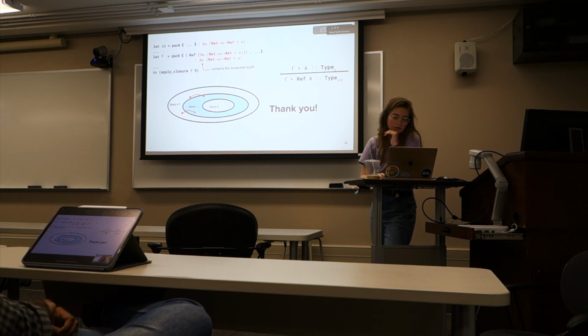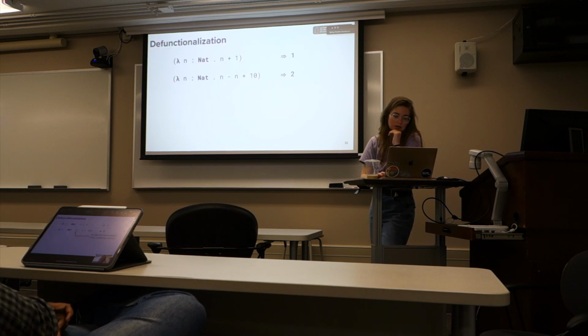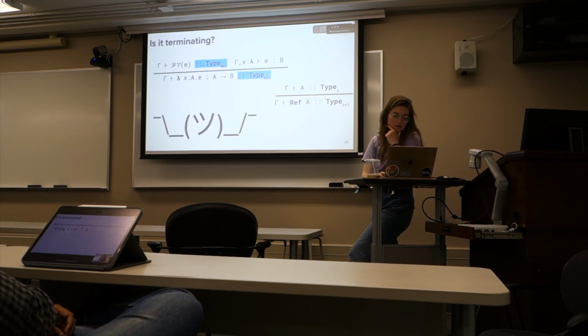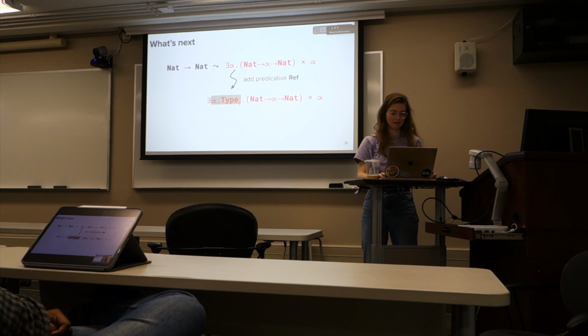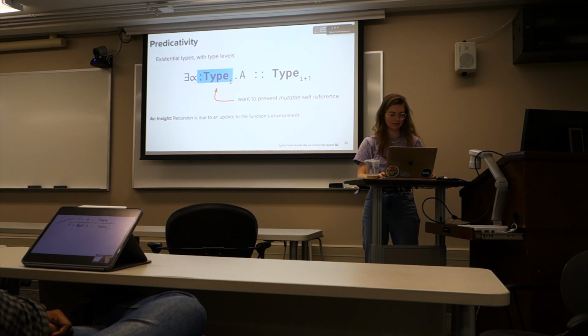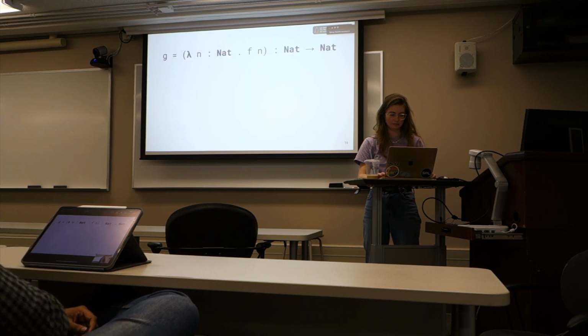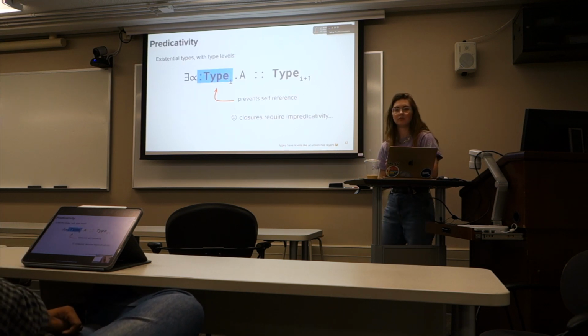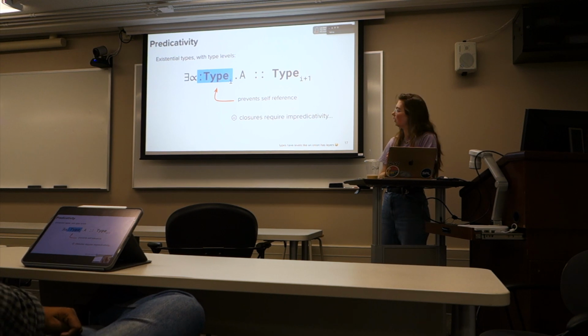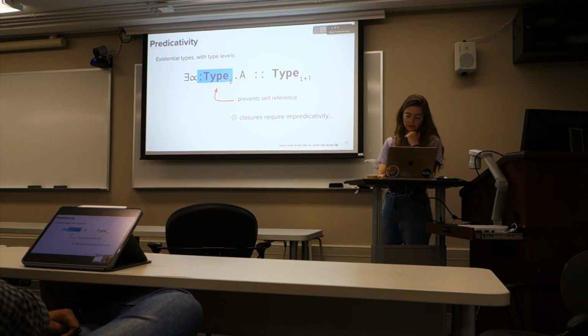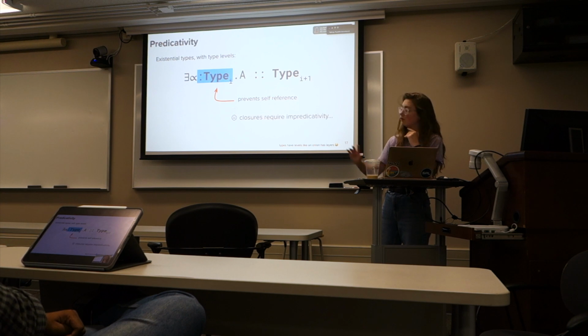You mean the one with the F and the G, with the predicativity restriction on existentials? Because I think you mentioned the design where we can put the kinds on function types, for example. Was it this example, about why closures need this predicativity? Yeah, this one, I think.